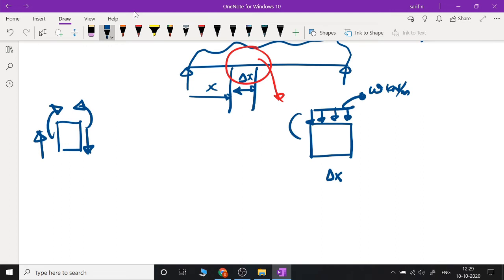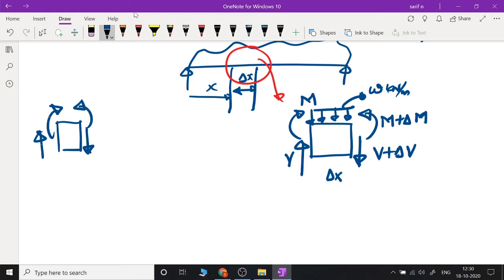So here the bending moment, let us say it is M. As it moves a distance delta x, let us assume that there is an increase in the bending moment by delta M. So these are merely assumptions. Similarly, let us say the shear force here is V, and as it goes a distance delta x, let us say there is an increase in the shear force by delta V.